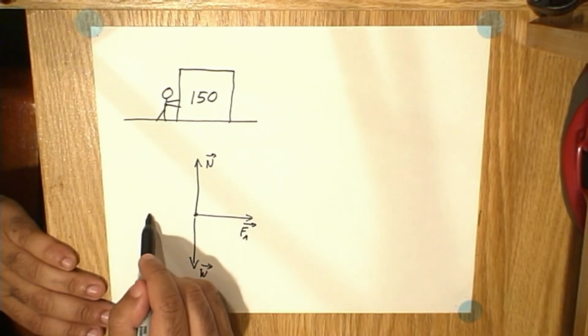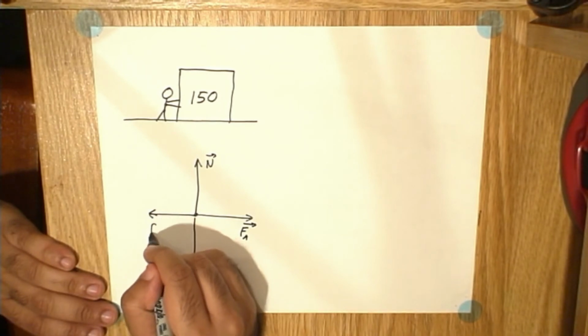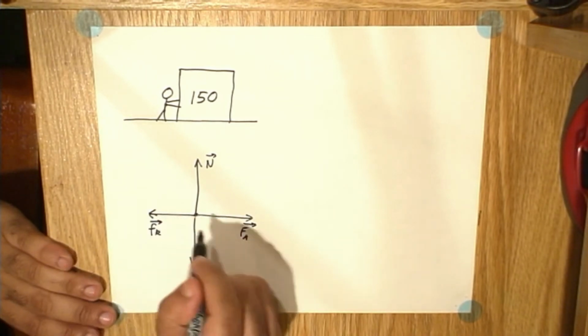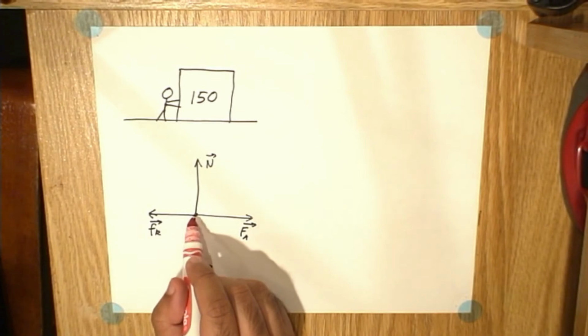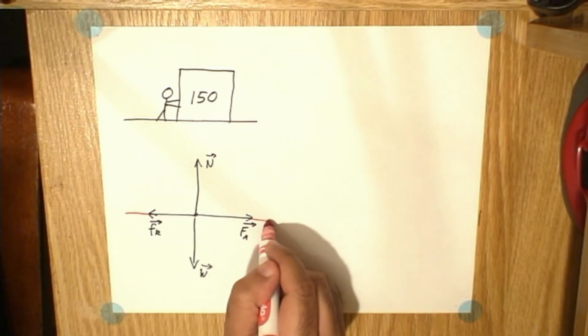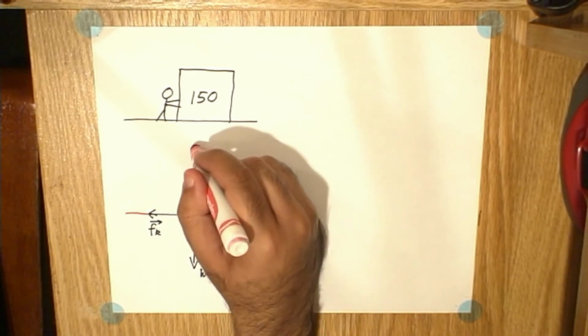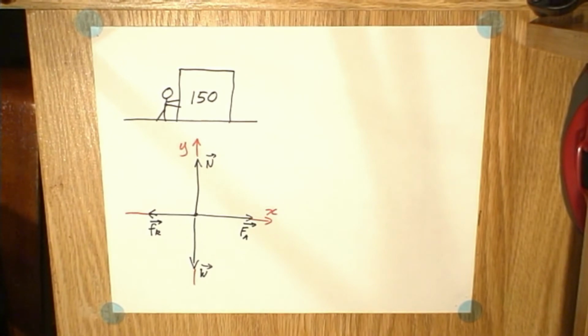And now there's going to be a force of kinetic friction, which is opposing that force which was applied. So at this point we can set our origin and axes. The origin always goes on the spot in the free body diagram. I will set rightwards as positive and upwards also as positive.